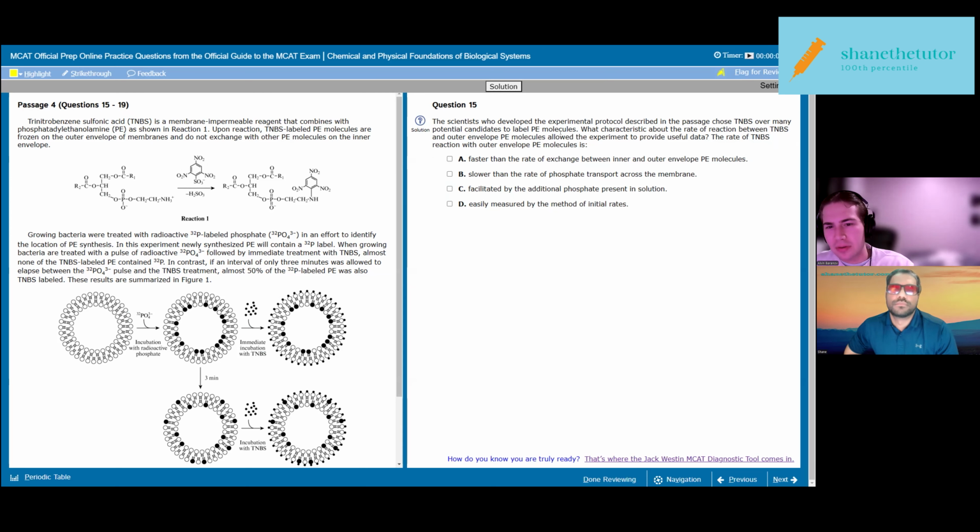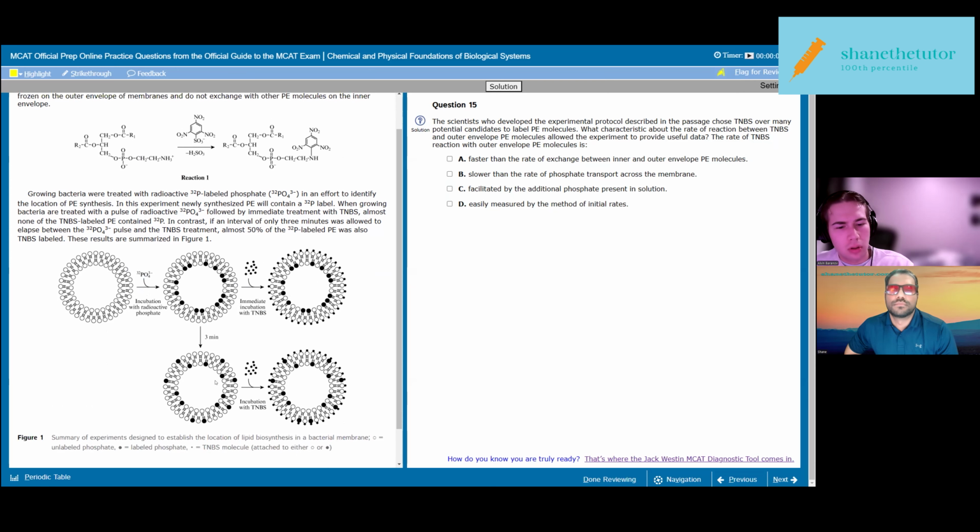The rate of TNBS reaction with the outer envelope PE is faster than the rate of exchange between inner and outer envelope PE molecules. Slower than the rate of phosphate transfer across the membrane.